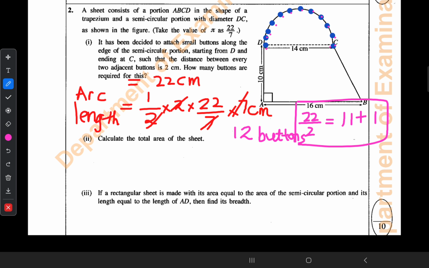In your grade 5 you have studied this. When you are looking at a star shaped boundary, when you look from here, you can see 4 sticks like this.